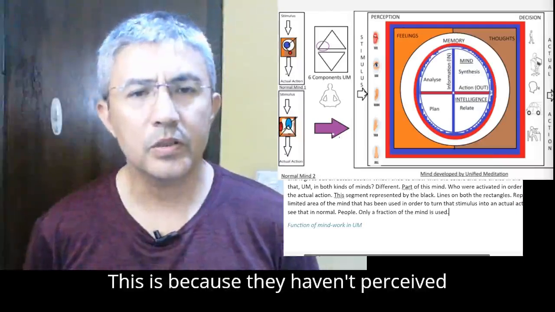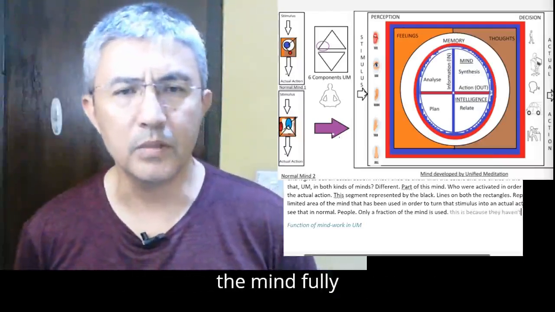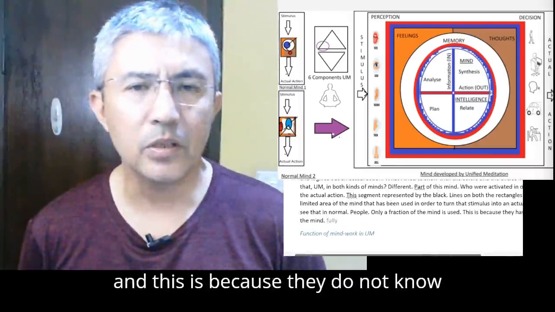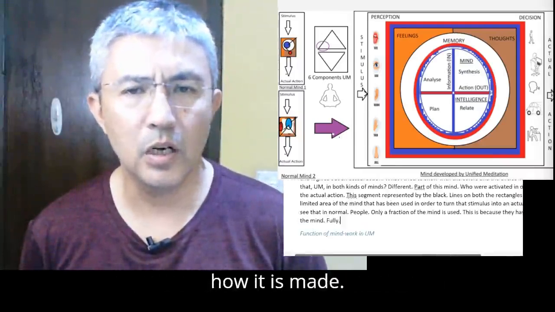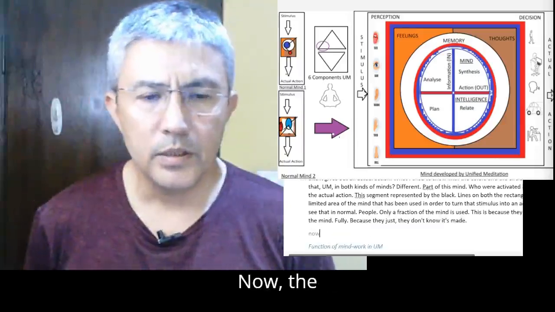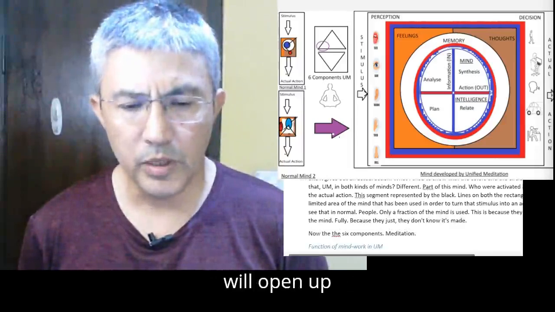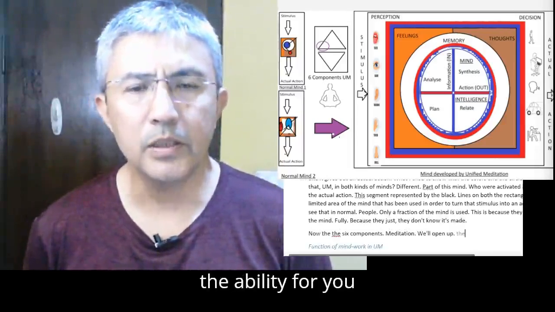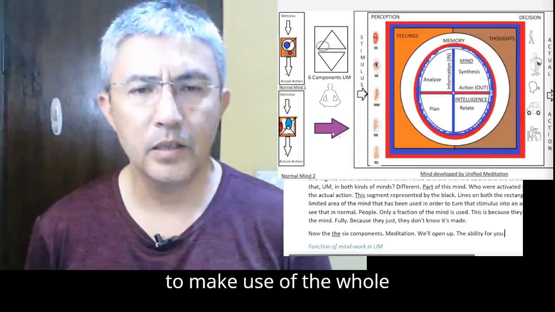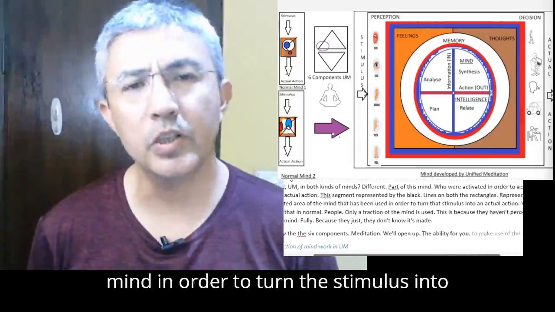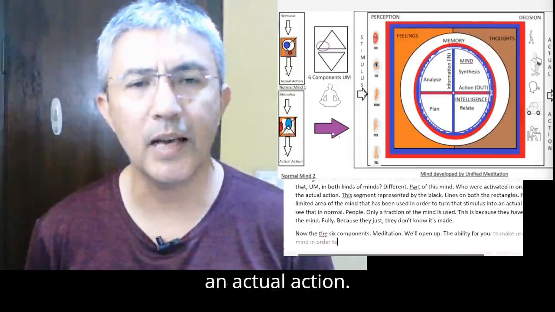This is because they haven't perceived the mind fully, and this is because they do not know how it is made. Now, the 6 components meditation will open up the ability for you to make use of the whole mind in order to turn the stimulus into an actual action.